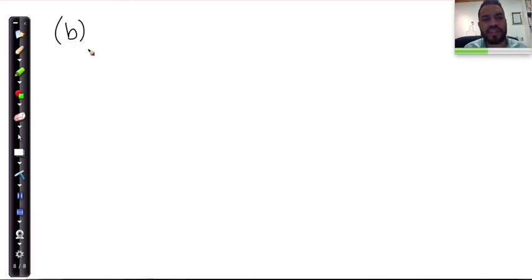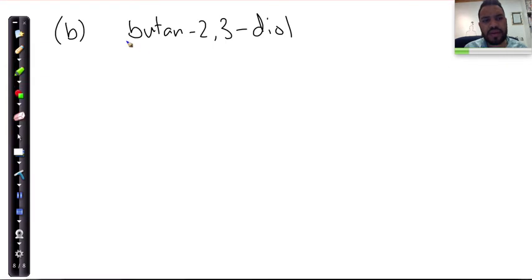Okay, so if you remember correctly, question 1B wanted butan-2,3-diol, right? And so what exactly is this about? Well, but indicates that there are 4 carbons.